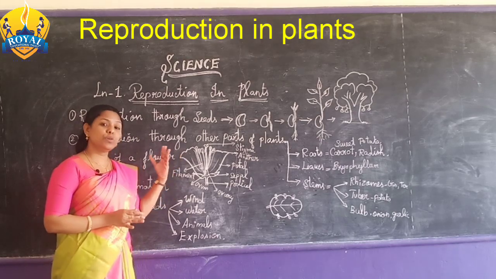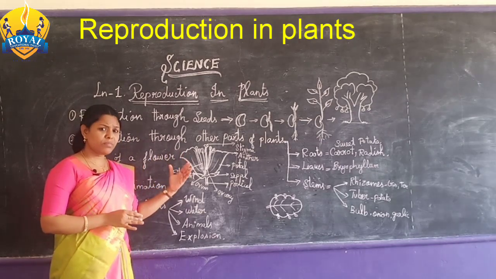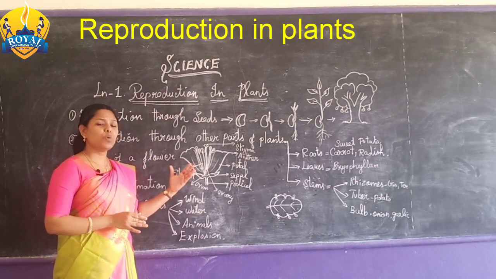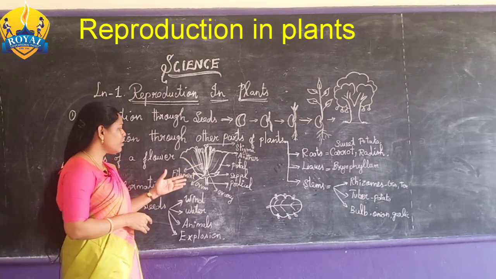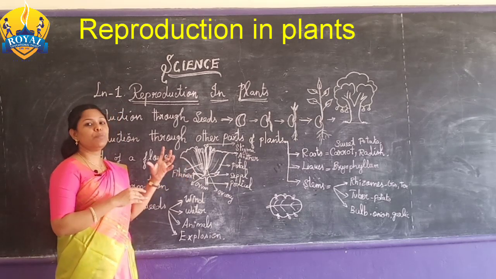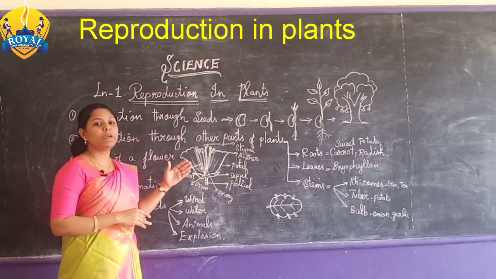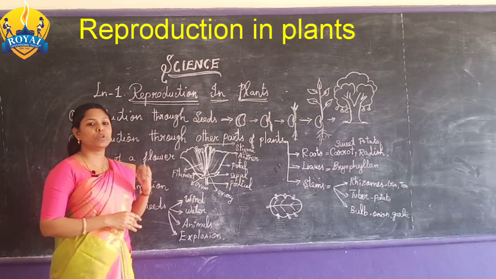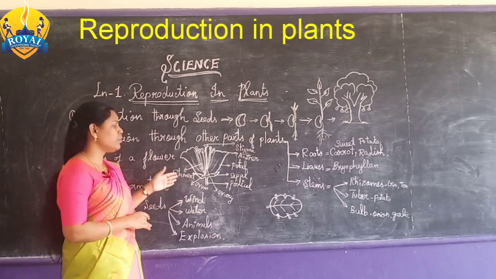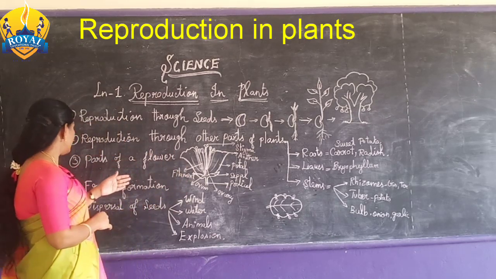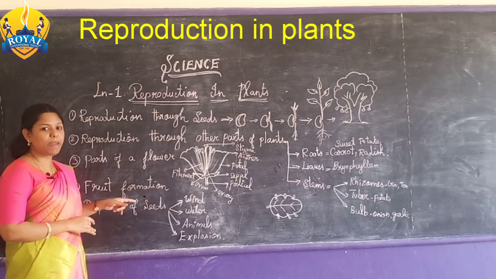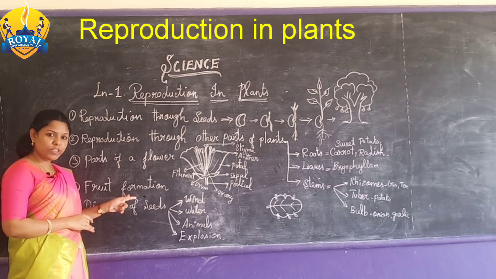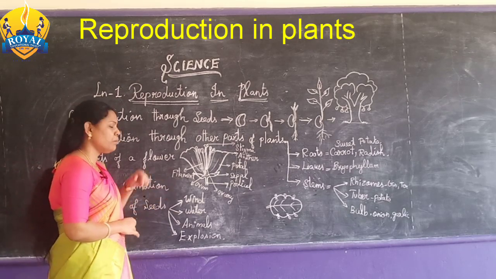Can you identify how the flowers go into the other parts? After blooming, the flower goes to a fruit. So now we are going to learn how fruit formation takes place in the plant.